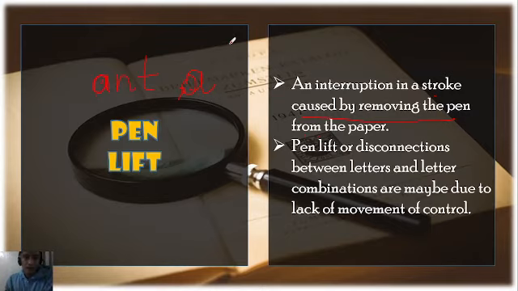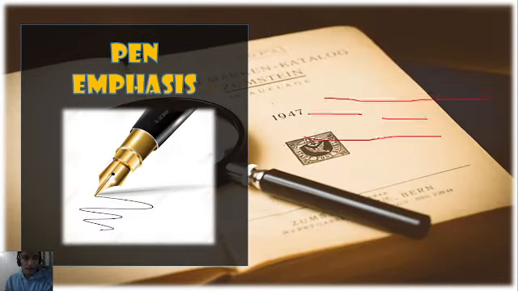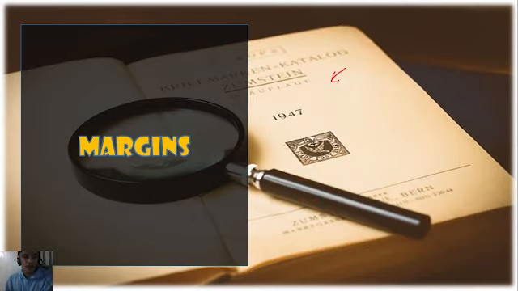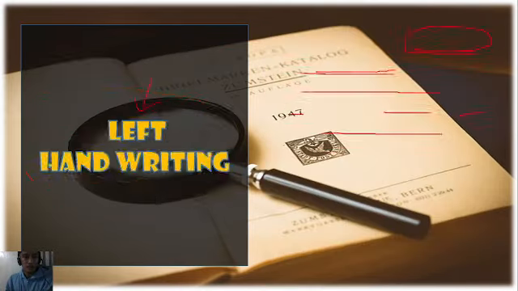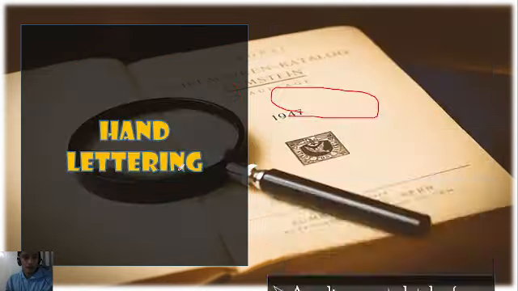Well, anyway, we can easily determine if that is a form of pen lift or that is a pen jump. So kapag pen lift yan, then blunt po yung end ng ating handwriting dito. Blunt po siya. Pero kapag yan ay hiatus, it is caused by a pen jump, ang itsura niya is tapering siya.